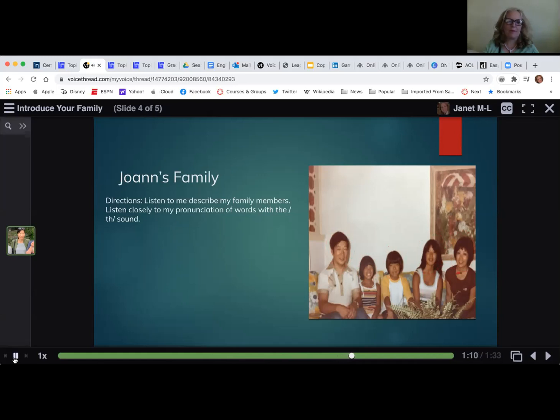On my mother's side, her parents were also in Japan. My mother's also from Japan. And my grandmother's name on her side is Kikuyo, and my grandfather, his name was Tadae. And that is my family.